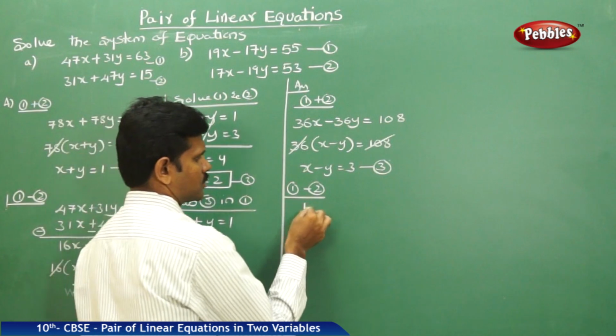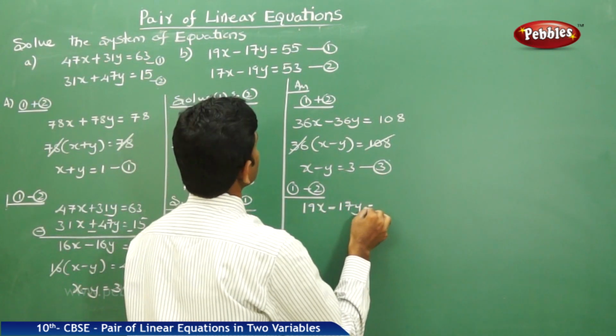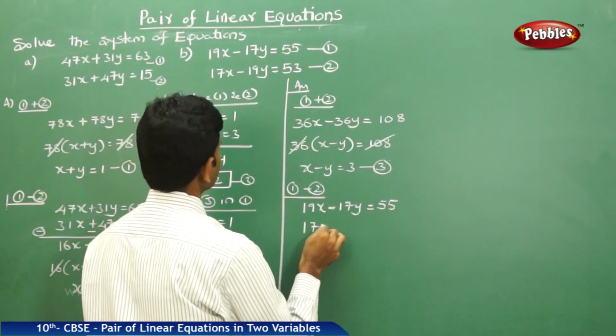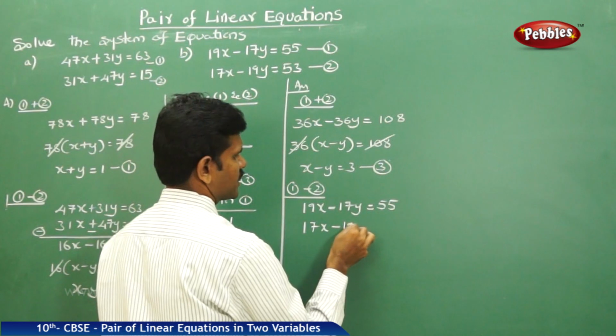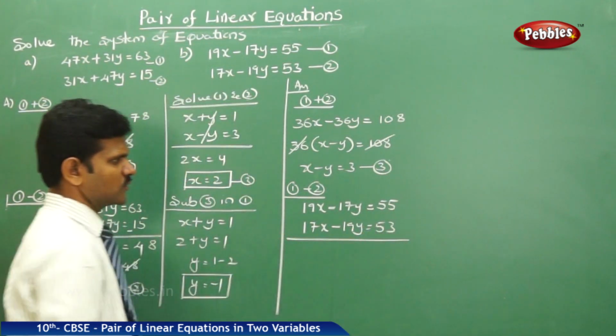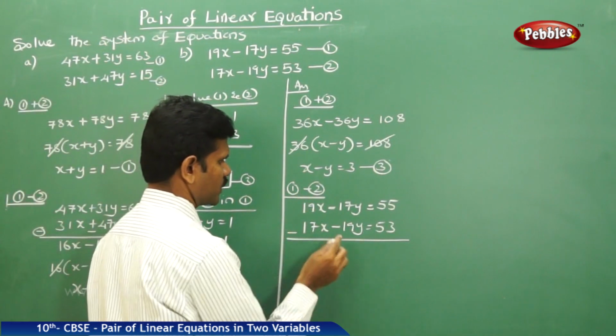That is 19x minus 17y is equal to 55, 17x minus 19y is equal to 53. Here the process is subtraction. Please change the signs of the lower equation.